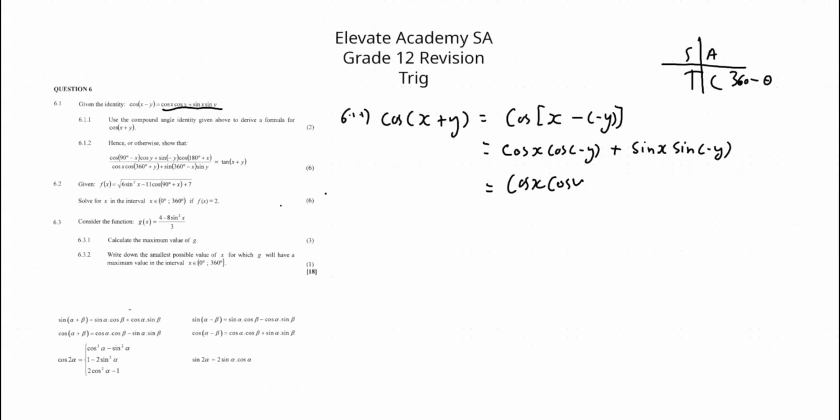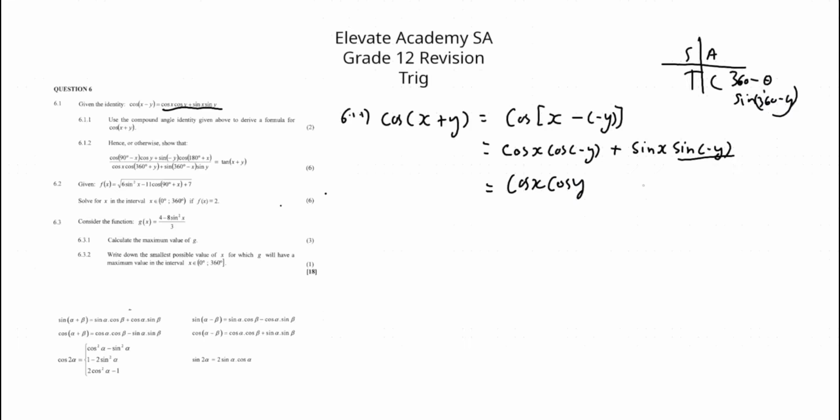Very simple. Now, the problem here is when we look at sine minus y, we realize that, again, when we add 360 to this, we're going to get sine 360 minus y. And in the fourth quadrant, sine is negative.